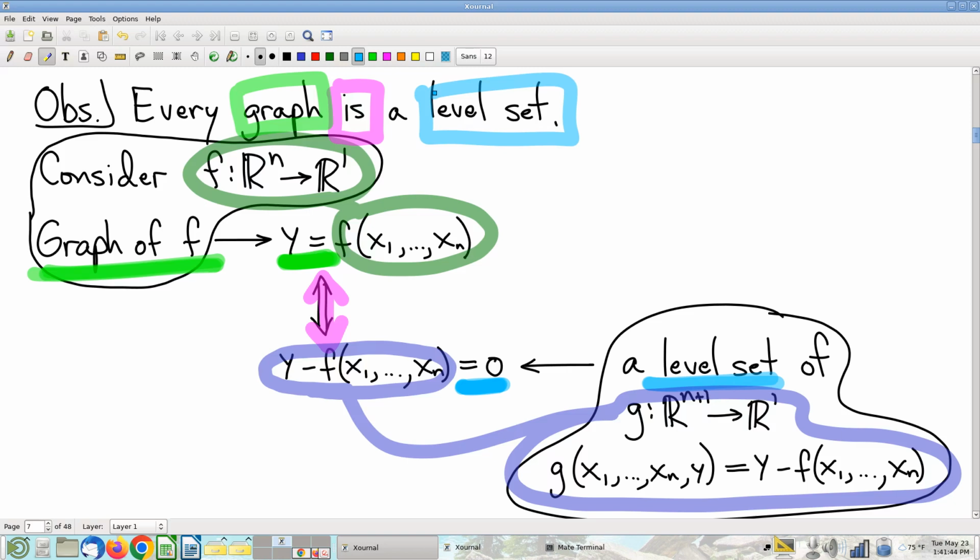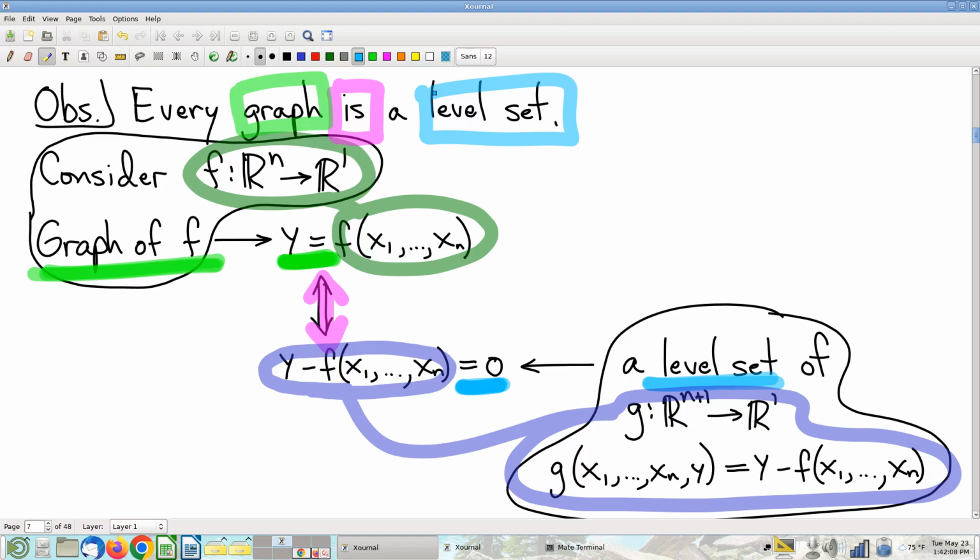Everybody with me? So, for example, I have an algebraic example to follow here. Suppose somebody gives you a surface that is a graph, and they ask you a question about that surface, and you think to yourself, oh man, but it's a graph.